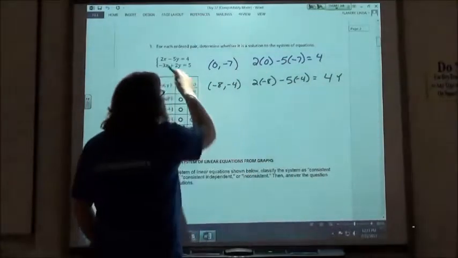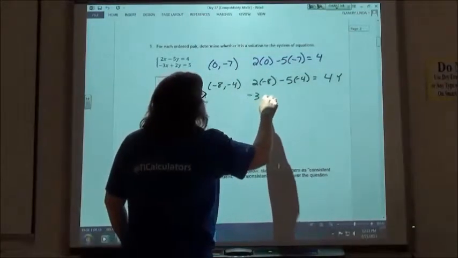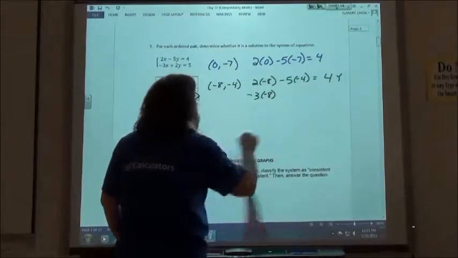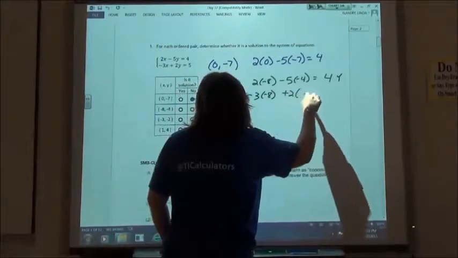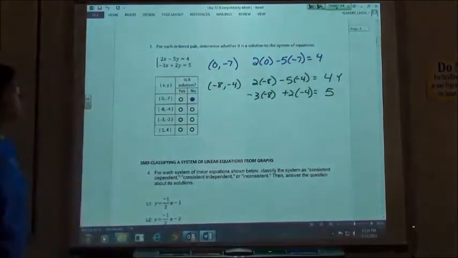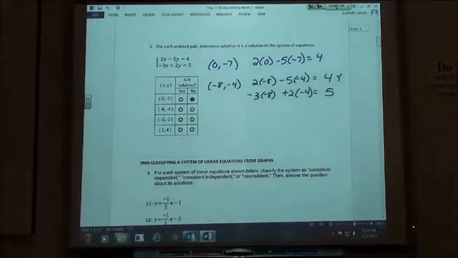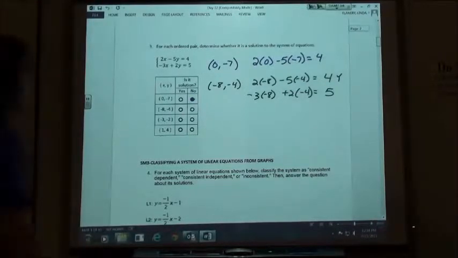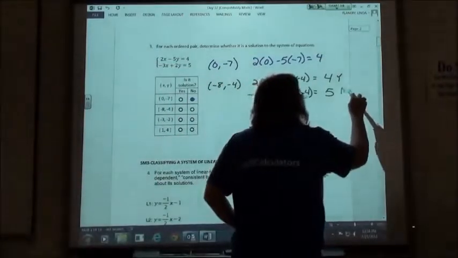So we got to check it in our second line. Our second line says negative 3 times our x value of negative 8 plus 2 times our y value of negative 4. Do we get an answer of 5? No. Nope. 24 minus 8 is not going to be 5, right?